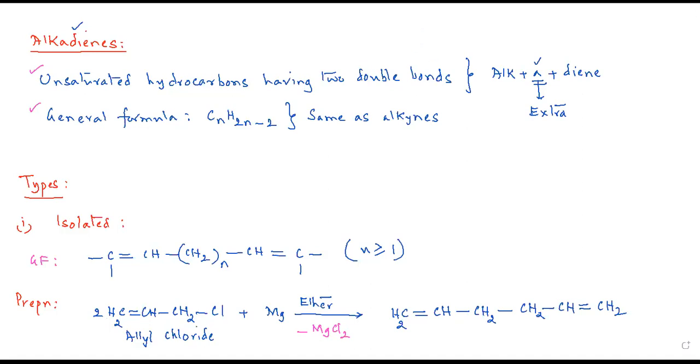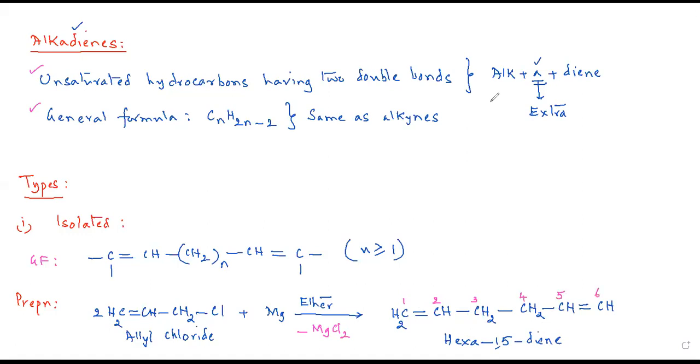So this is how isolated alkadiene can be prepared. The name of this particular alkadiene is, see, it has 6 carbon atoms, hexa. Double bonds are after first and after fifth carbon. So it's hexa-1,5-diene, isn't it?